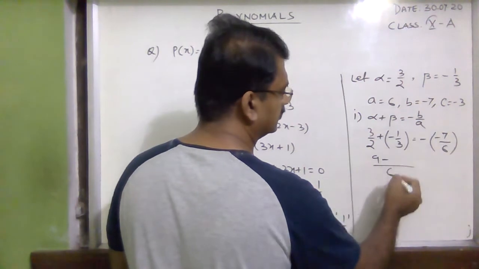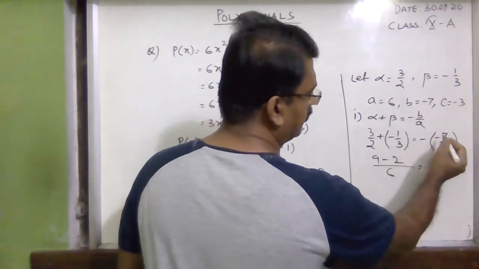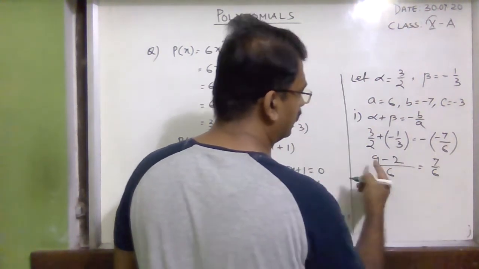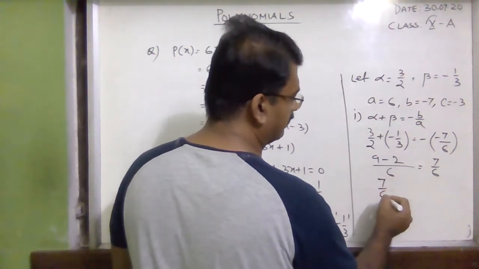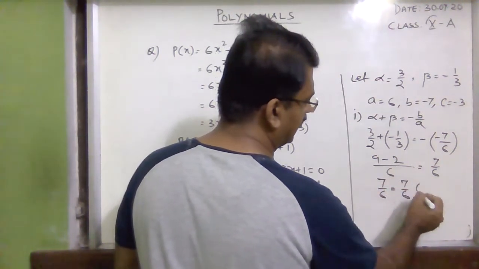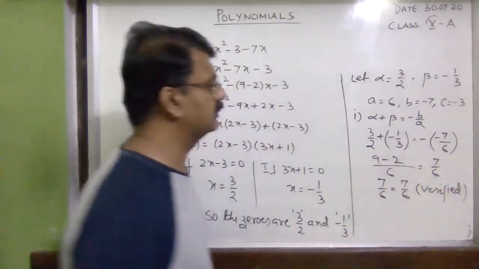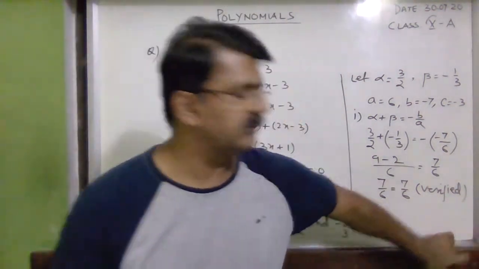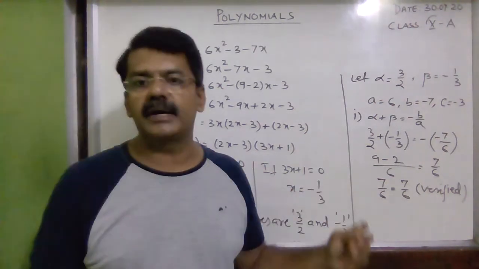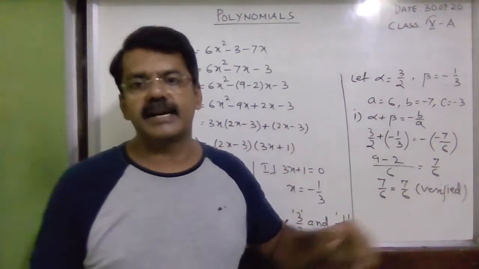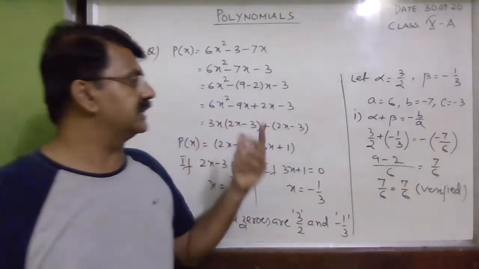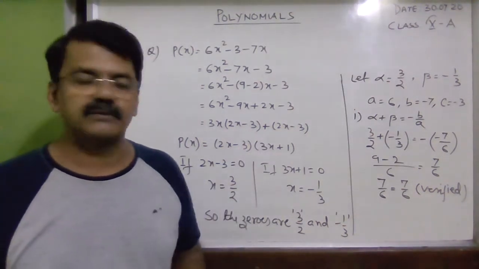So 9 minus 2, and minus into minus is plus, so it is 7 upon 6. Now 9 minus 2 is also 7. So 7 by 6 is equal to 7 by 6, so it is verified. You can see the first equation is verified as we are getting the same number on the left hand side and right hand side, 7 by 6. So the first relation is verified.